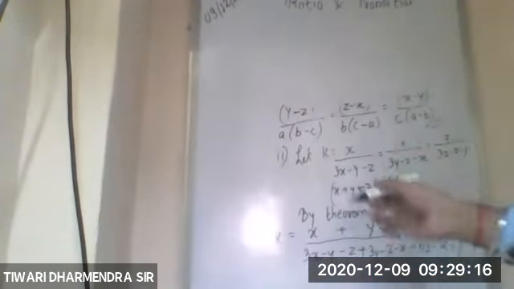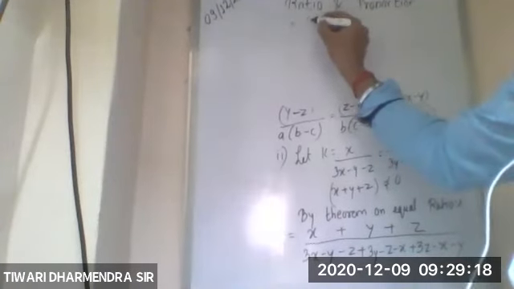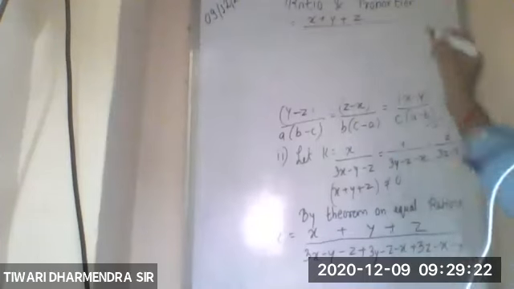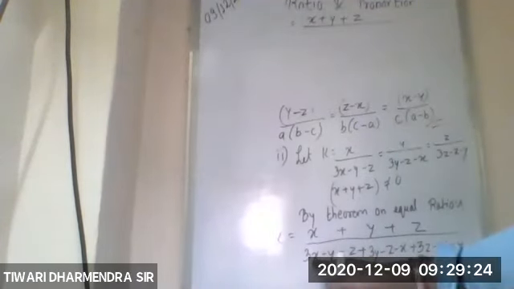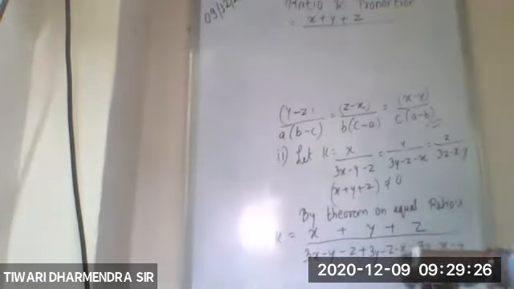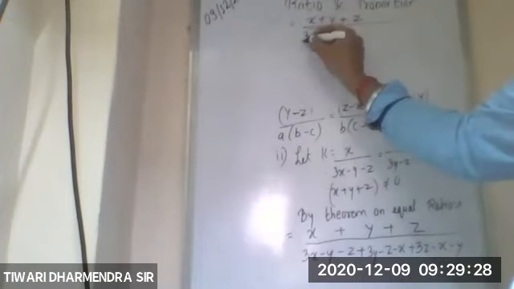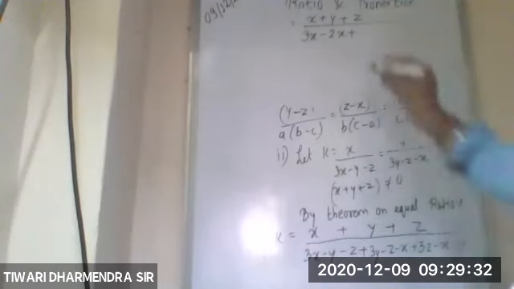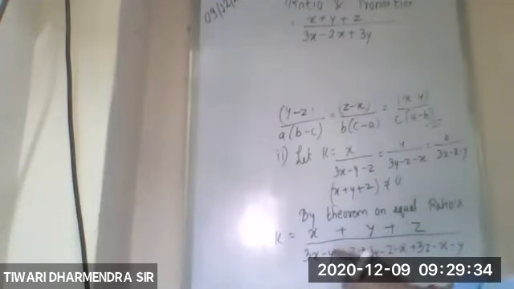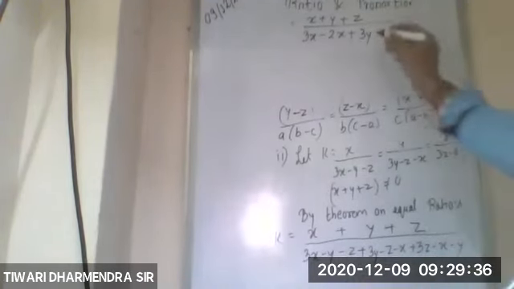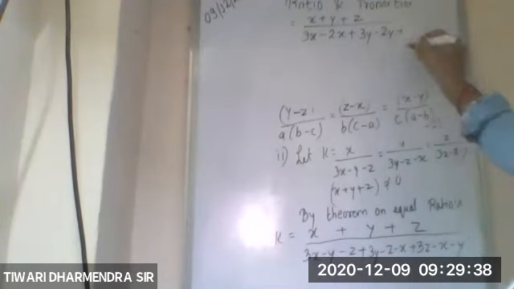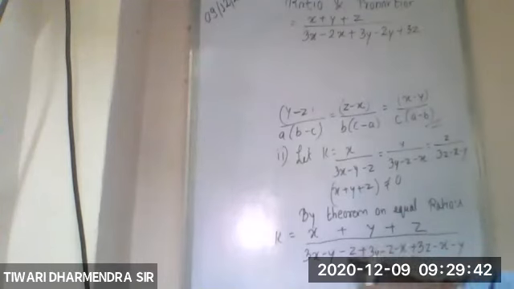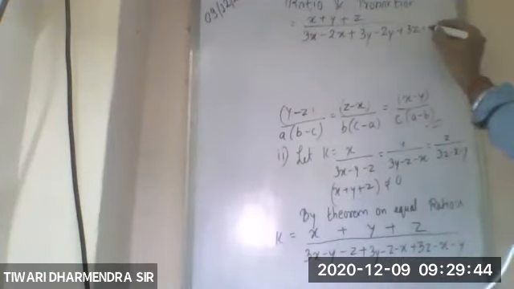Our observation is that x plus y plus z is divided by 3x minus x minus x, that is 3x minus 2x, plus 3y minus y minus y, so minus 2y, plus 3z minus z minus z, minus 2z.